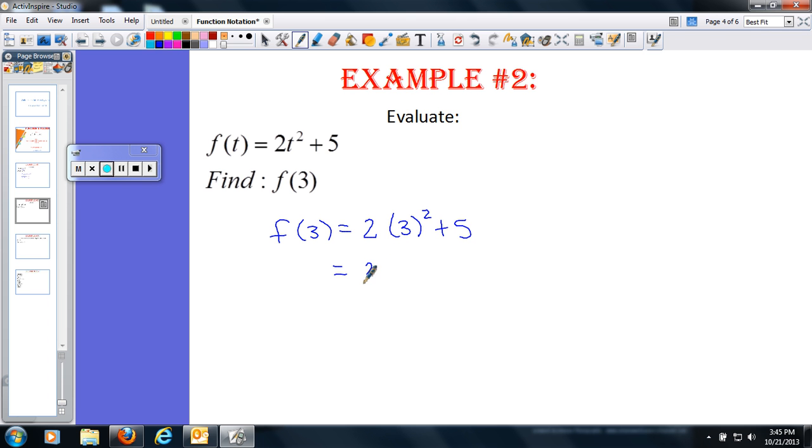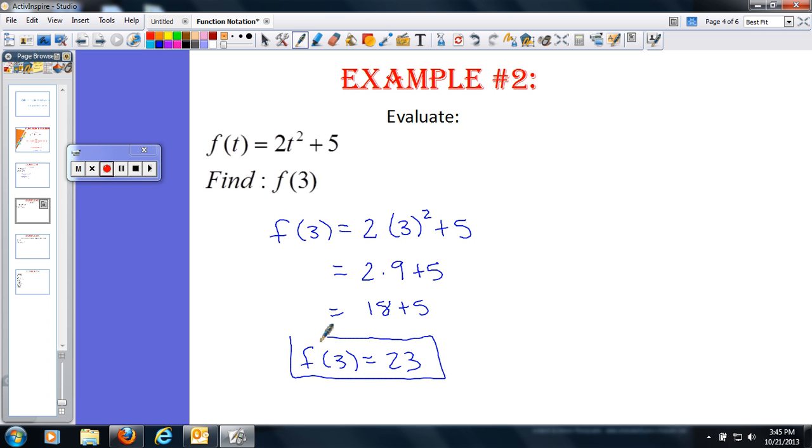All right, 3 squared is 9, 2 times 9 is 18, plus 5, which means f of 3 is 23. Okay, function notation is really not a hard concept. They're actually fairly easy. I mean, it does get a little bit tougher when I start putting in composition of functions, and you also start dealing with some other stuff, okay?